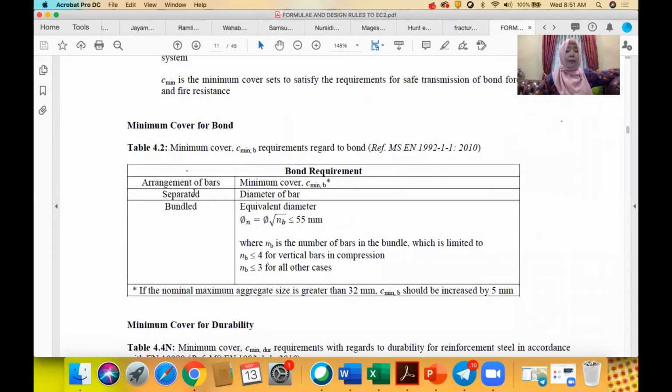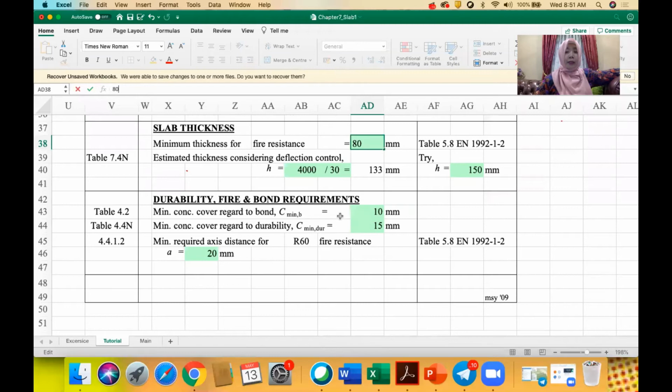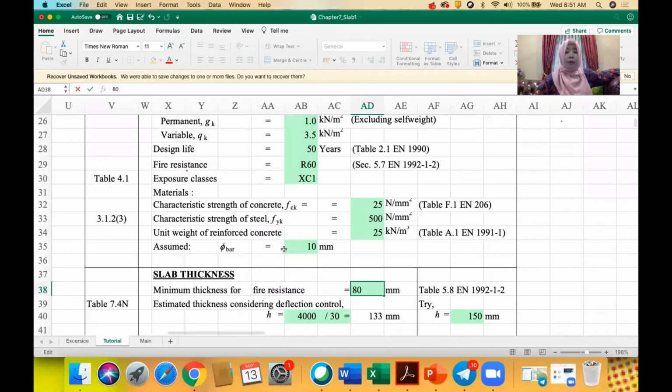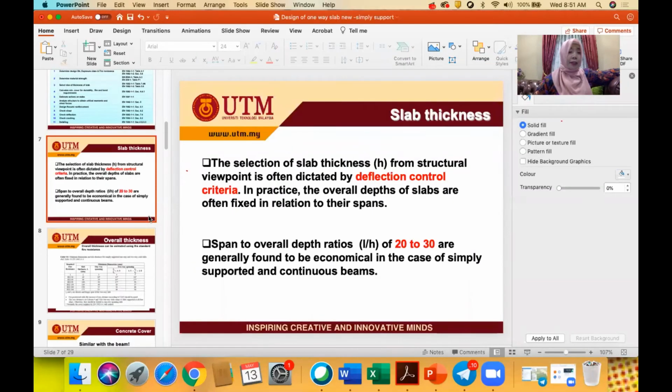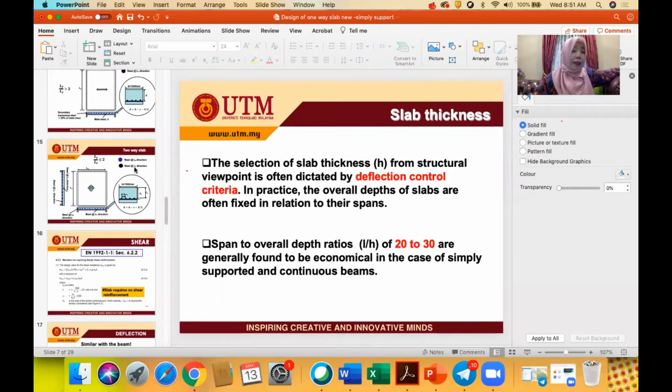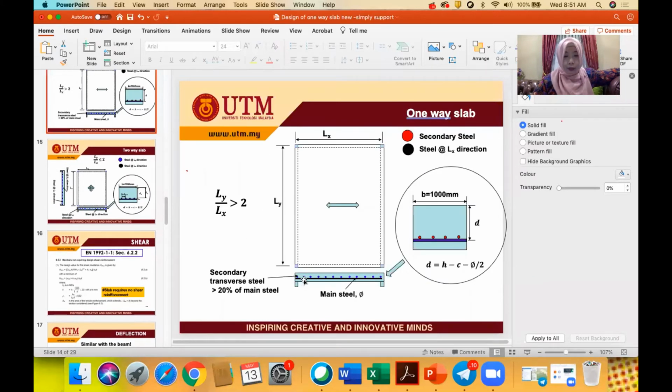In the case of a slab, we arrange them separated. Therefore, C min is equal to the diameter of the bar, which is 10 millimeter, because the given diameter here is 10 millimeter. We arrange the bars like this, separated.